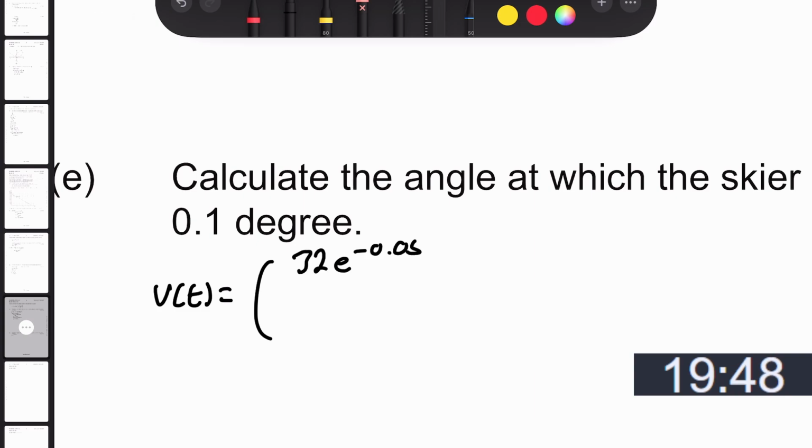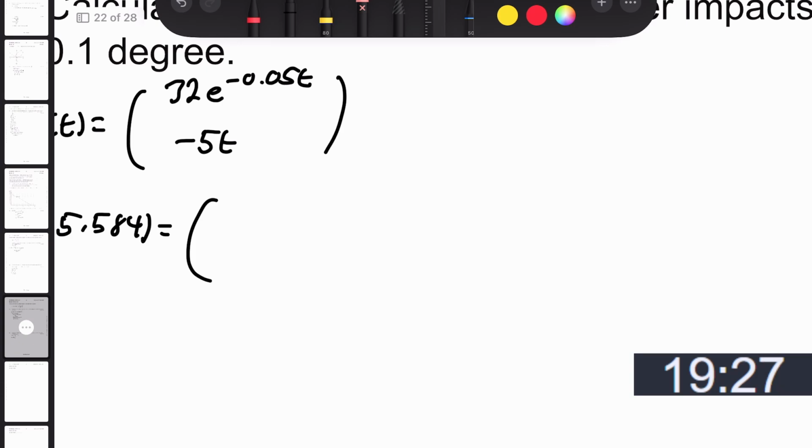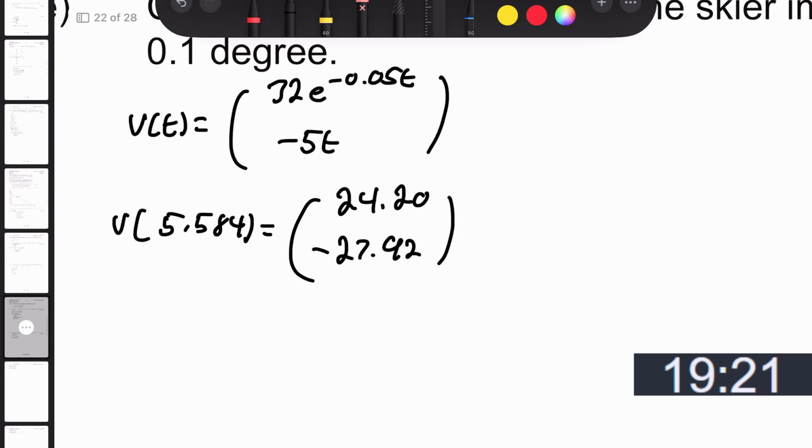Then v of 5.584 is going to equal 32e^(negative 0.05 times 5.584), and then negative 5 times 5.584. This is 24.20 and negative 27.92.